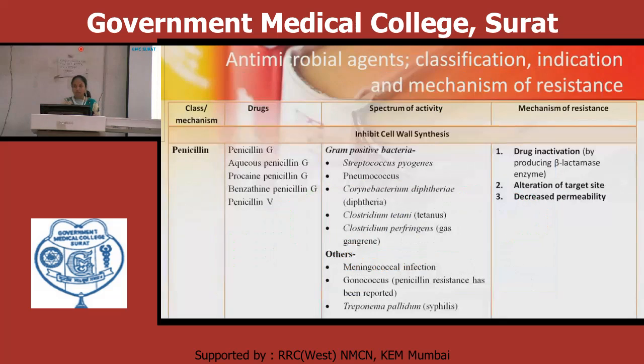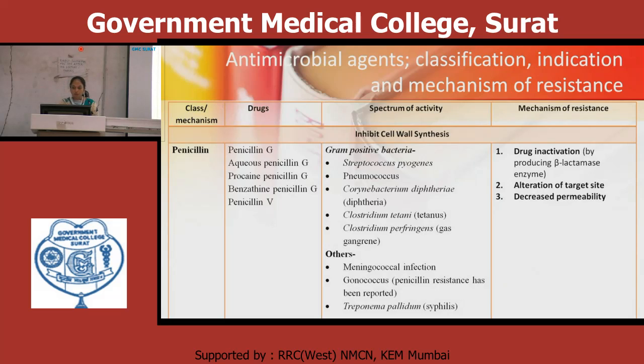Now, classifications, indication and mechanism of actions. First class is penicillins. Drugs are penicillin G, aqueous penicillin G, procaine penicillin G, benzathine penicillin G and penicillin V. Spectrum of activity is they inhibit the cell wall synthesis.